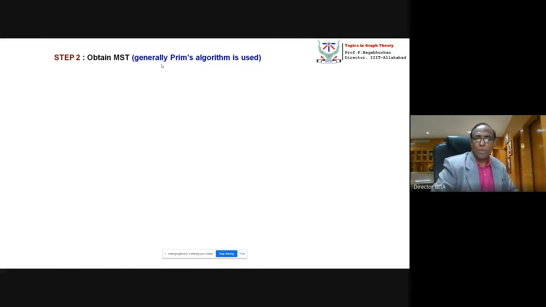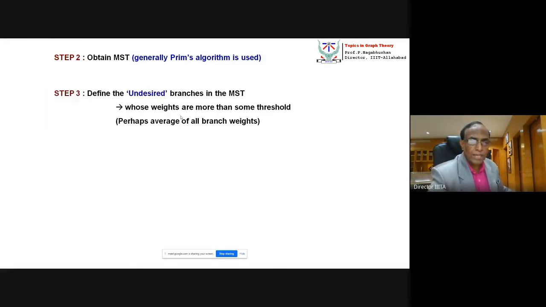Then try to define undesired edges, undesired branches in the minimum spanning tree, like some branches of higher weight. You define them and remove them. When you remove them, what you get is a disconnected minimum spanning tree. Each disconnected component acts as a small spanning tree. So that is a cluster, a class by itself.